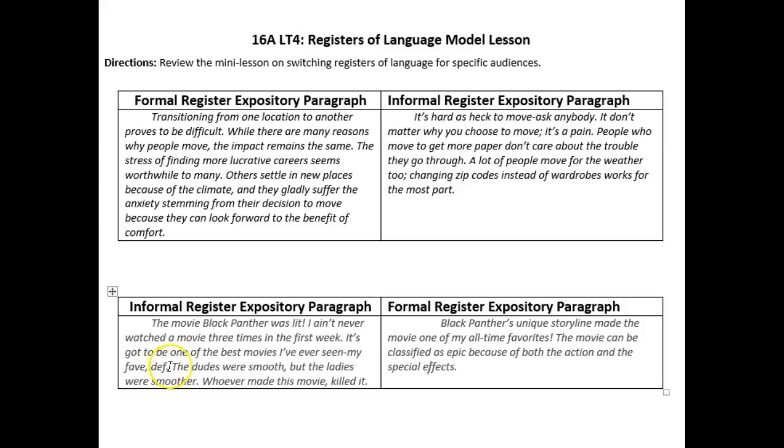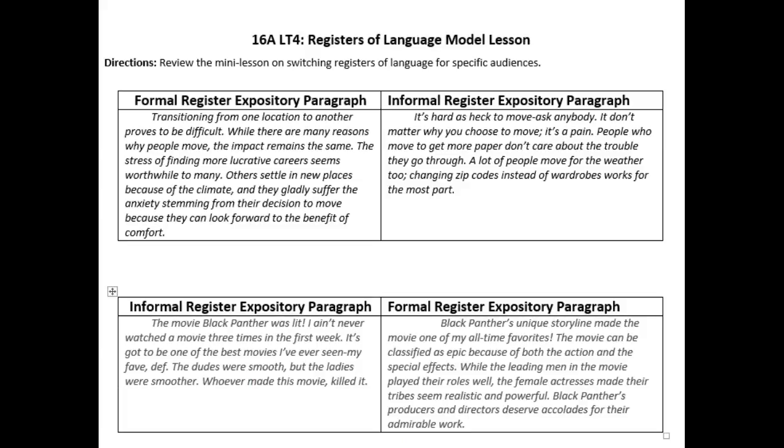So you can see that there's a change from the less formal register to the more formal register. And then finally, we're looking at the dudes were smooth, but the ladies were smoother, and whoever made this movie killed it. So we're going to change those sentences so that they are more formal. The new sentences read, while the leading men in the movie played their roles well, the female actresses made their tribe seem realistic and powerful.